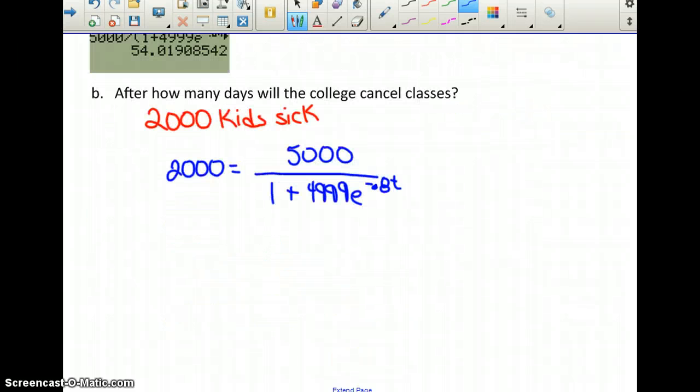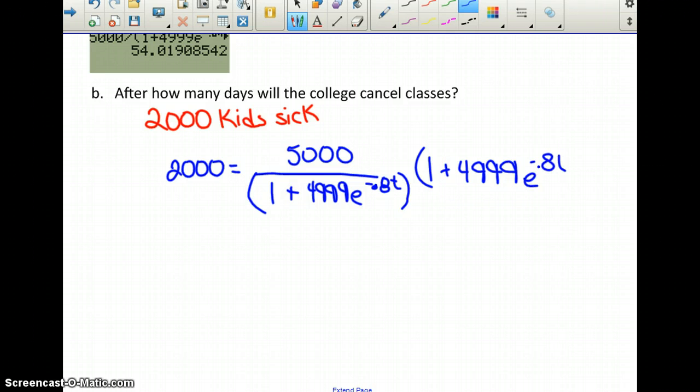All right, what I'm going to do is multiply both sides by the denominator. But rather than distributing that 2,000, I'm going to divide both sides by 2,000 as well. So I'm going to multiply by 1 plus 4999 e to the negative 0.8 t.